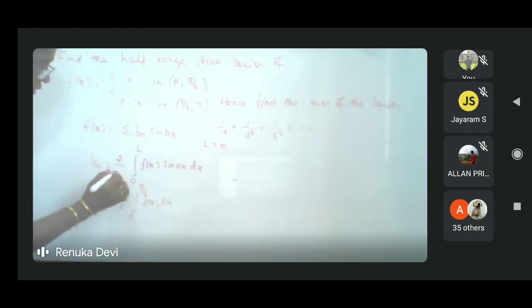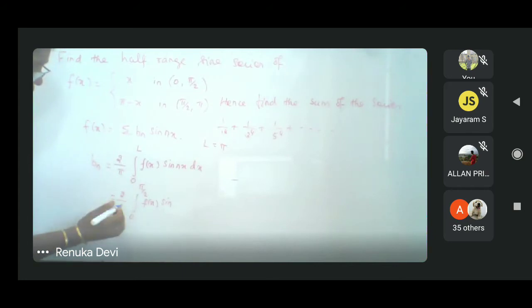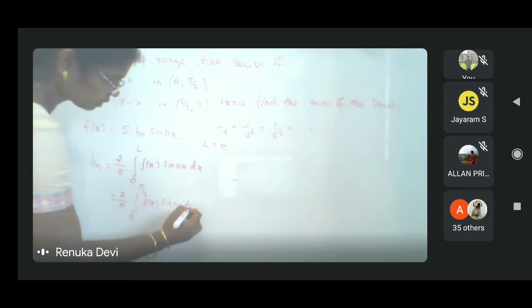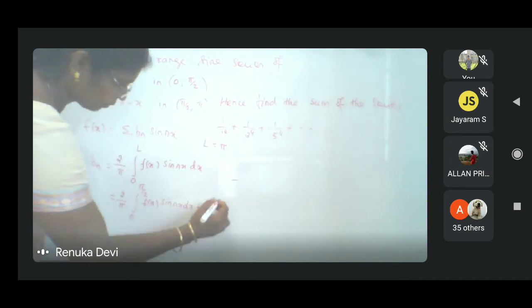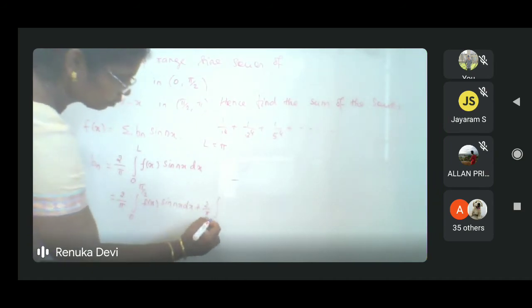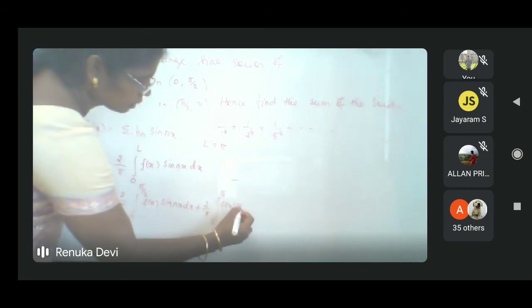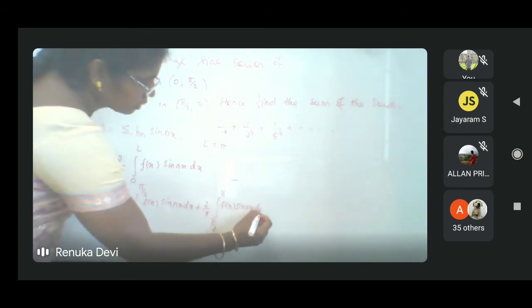This is not L, this is pi. Instead of L, you are having pi. Sine nx dx plus 2 by pi, pi by 2 to pi, f of x sine nx dx.